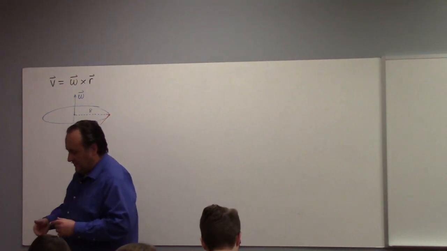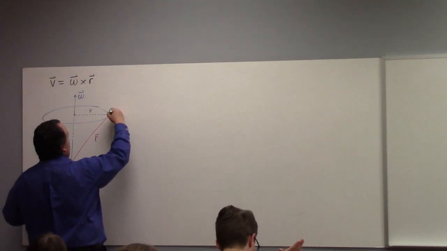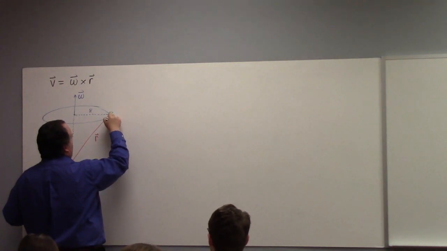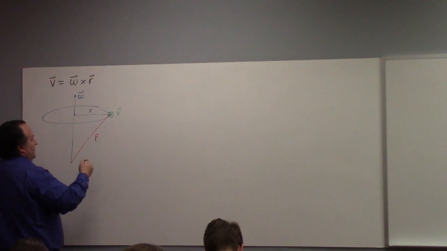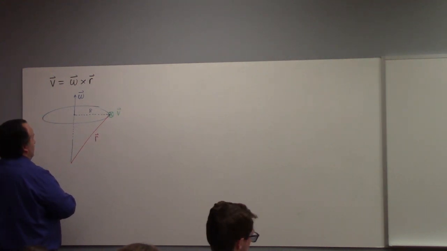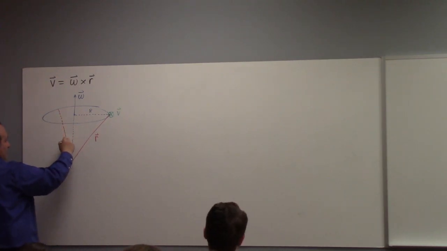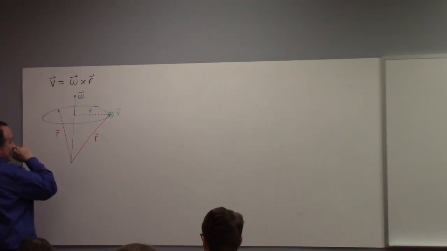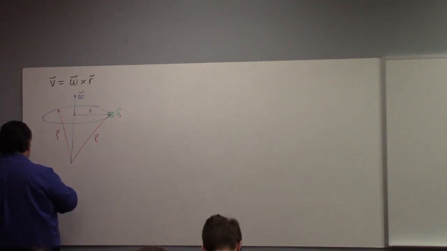straight into the board, which I could either draw as like a circle. If I was to go to this point right here, this other R, we call this R1. Let's call this R2. Here's V1.